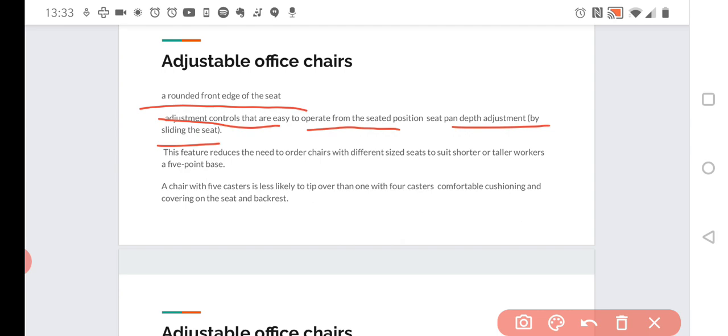And of course, those adjustments are especially important for workers of different sizes, because for example, very tall workers will have completely different needs than workers that are not so tall. Most of the industry creates its products for a standard person, 170 centimeters, 70 kilos of weight, generally speaking.